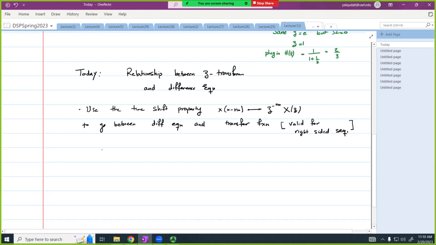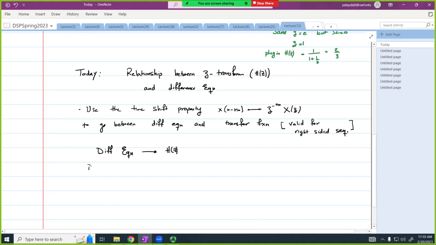So if I have a difference equation and I want to go to the z transform to h of z, what do we have to do?